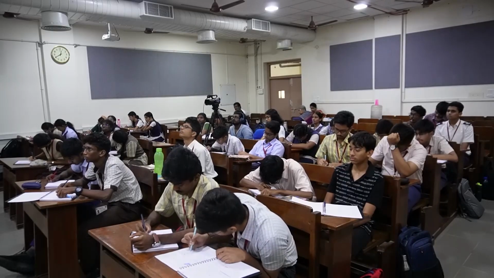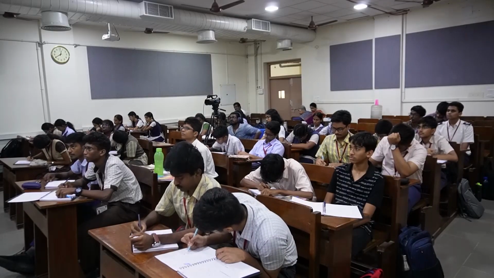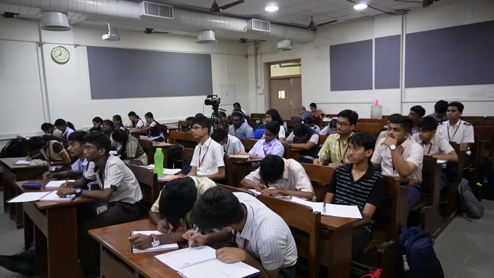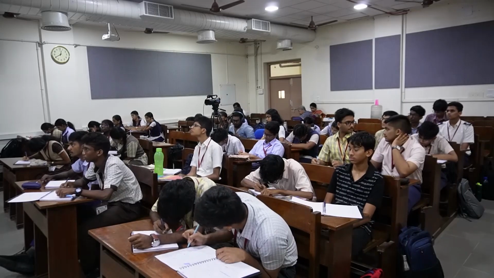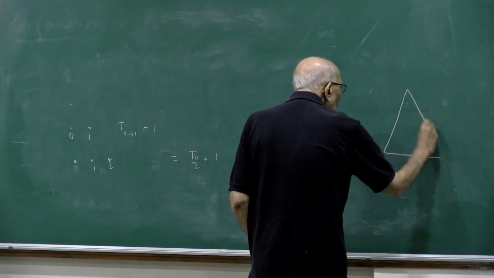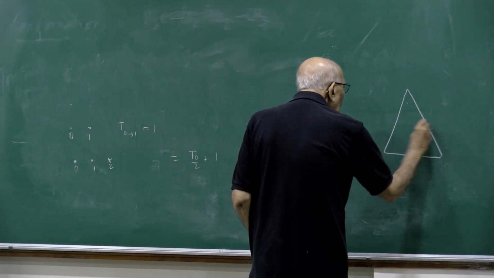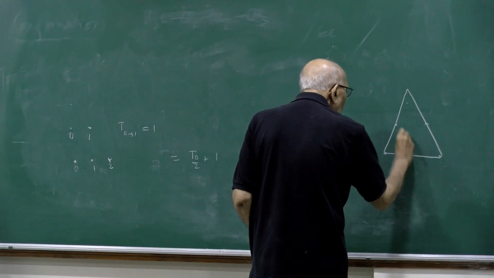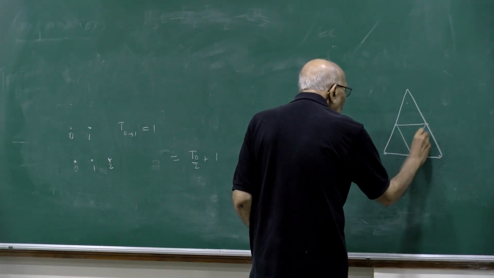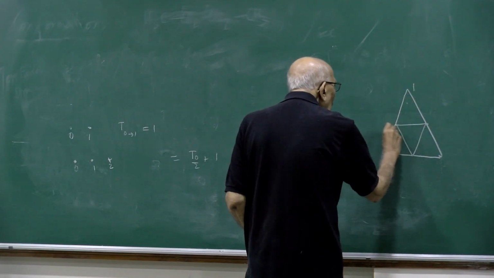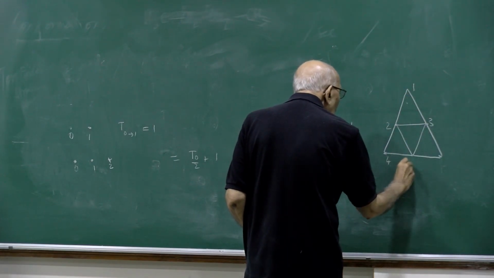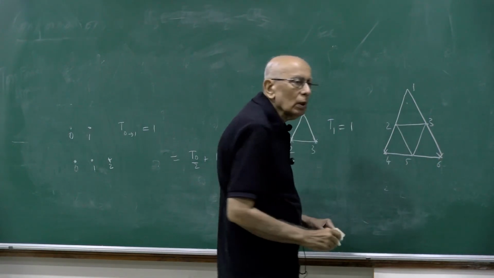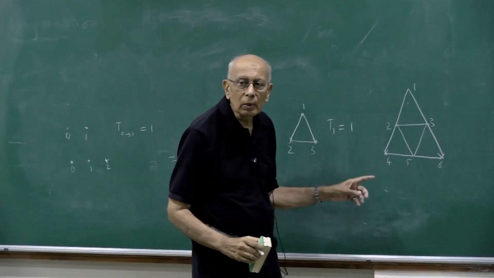Now I double the size of this triangle and decorate the sides of the triangle by another set of sides. Same rule as before. I do a random walk on this thing.